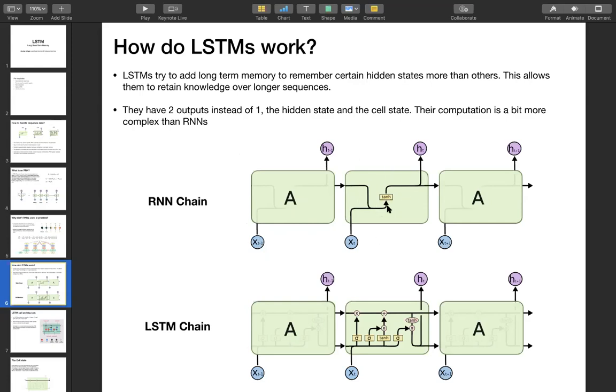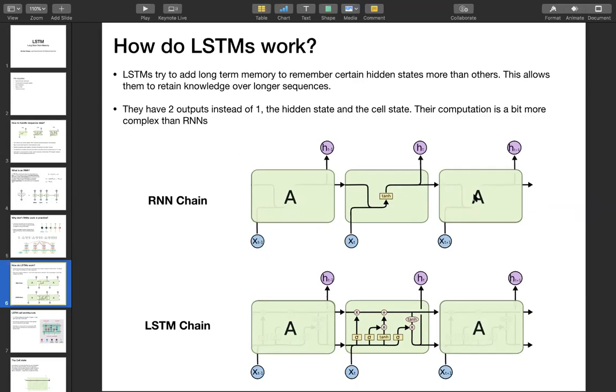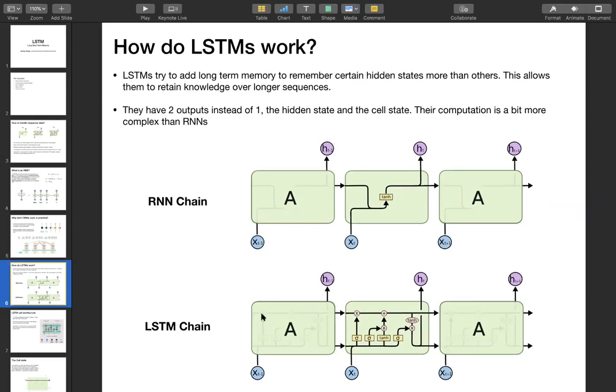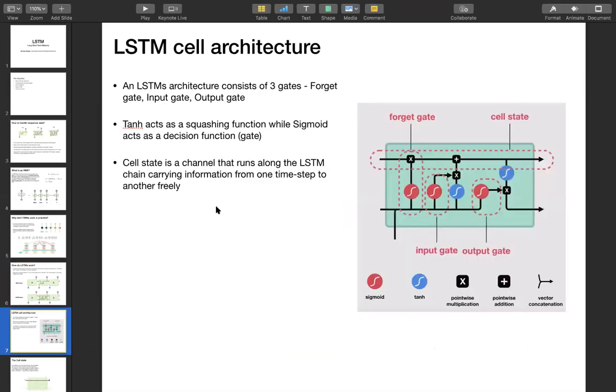As you keep passing this via tanh activation, you essentially create a sequential model to encode the embeddings of x t minus 1, x t, which are all words. Similarly, an LSTM chain works exactly the same, but the difference is that the stuff that happens inside that particular cell is slightly different. We'll get into this in a little more depth in the next slide.